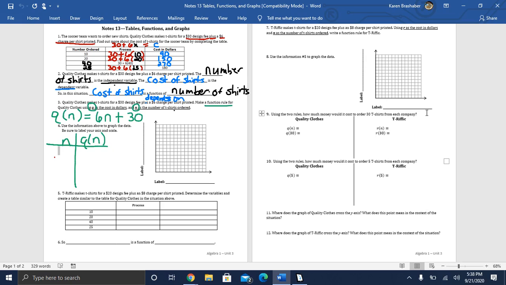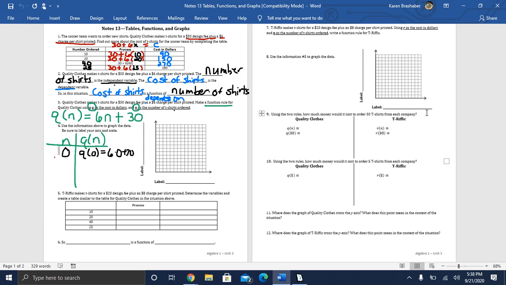So what if we didn't order any shirts at all? Would it still cost us? Well, we could look at Q of 0, which means that we would do 6 times 0 plus 30.